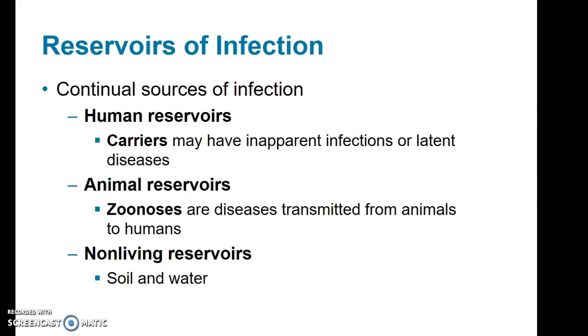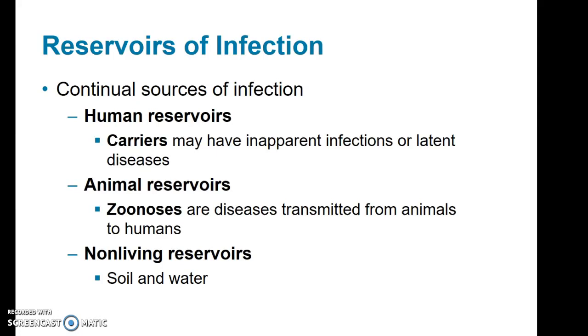You also have animal reservoirs, which are called zoonoses. Like zoology is the study of animals. A zoonose is an animal reservoir. Those are diseases that are transmitted from animals to humans. And then you also have non-living sources of diseases, such as water and soil.